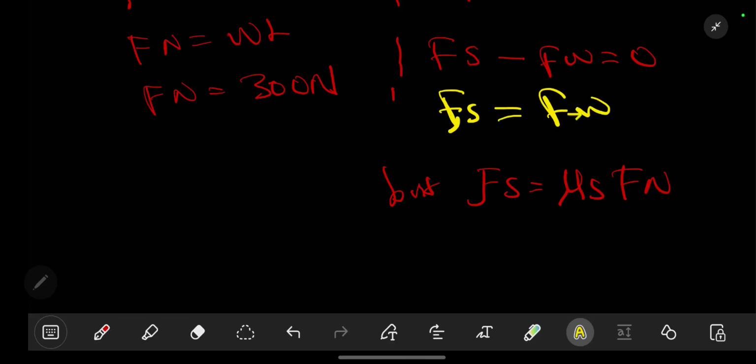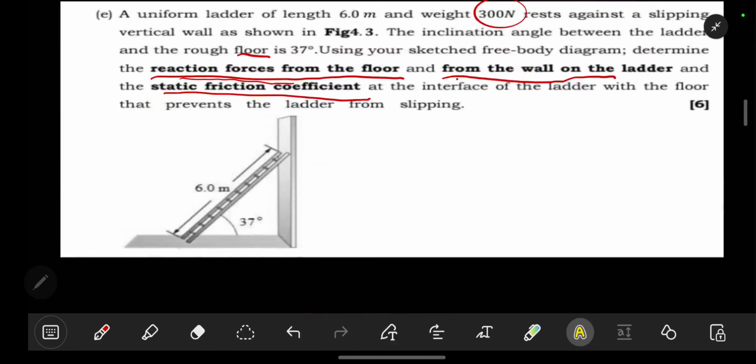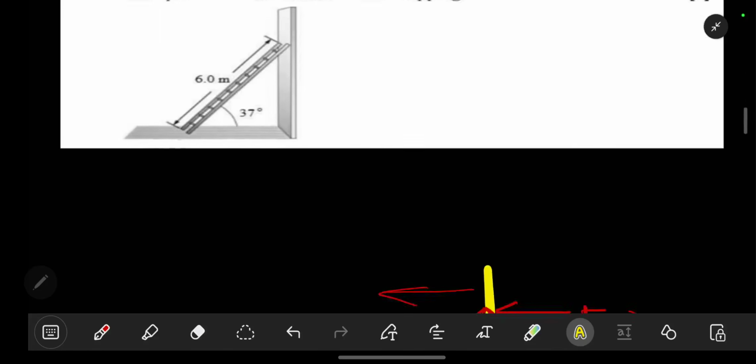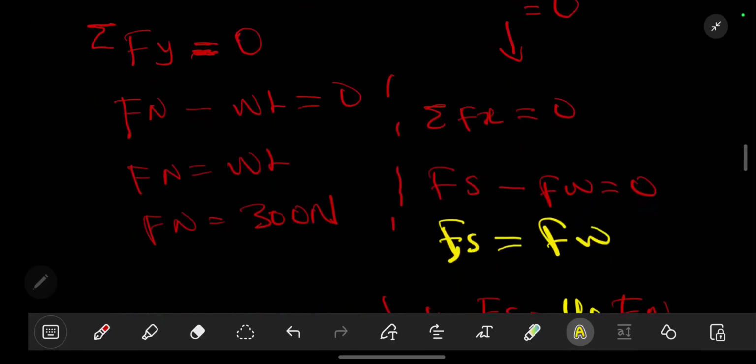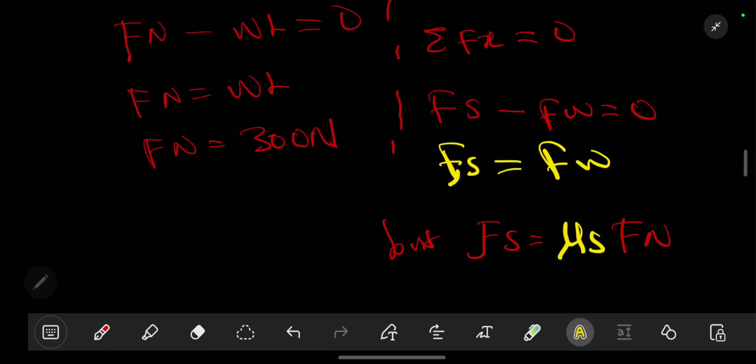So if we know the weight on the wall, we can use that to even find this coefficient of static friction as asked here. Static friction coefficient means it is not moving. So this is as far as our forces can take us.